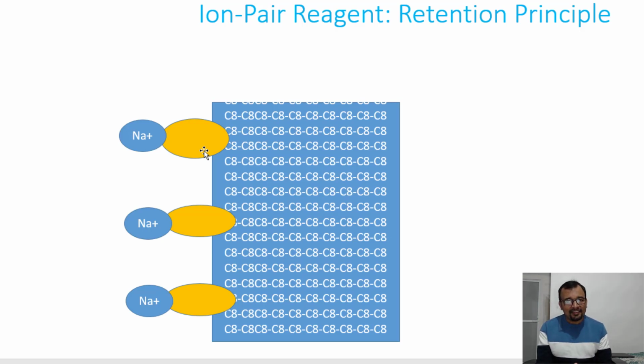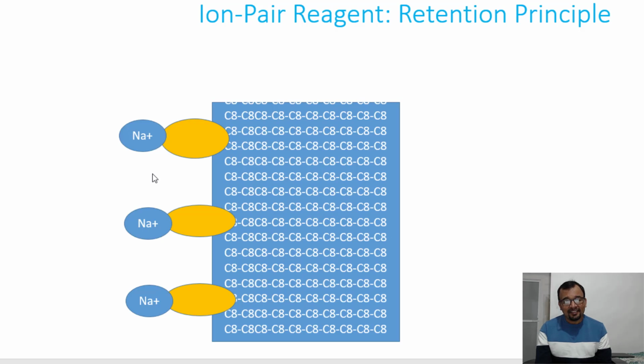Because of this the ion pair reagent's hydrophobic end gets connected with the stationary phase, and the hydrophilic end will now be present in the mobile phase, and this becomes what?